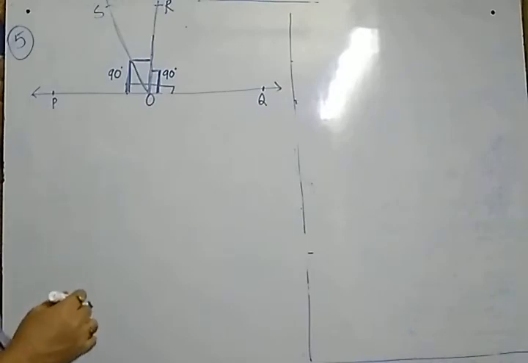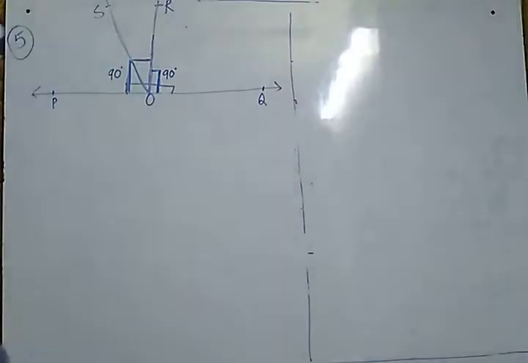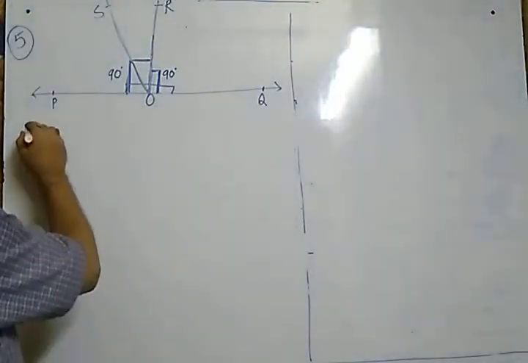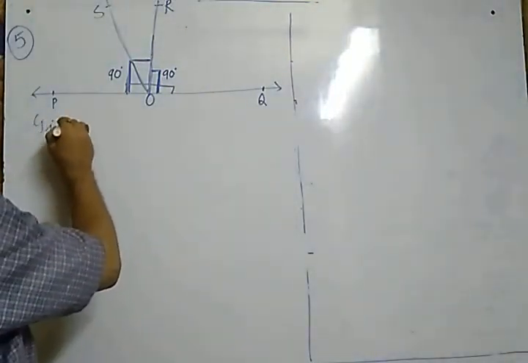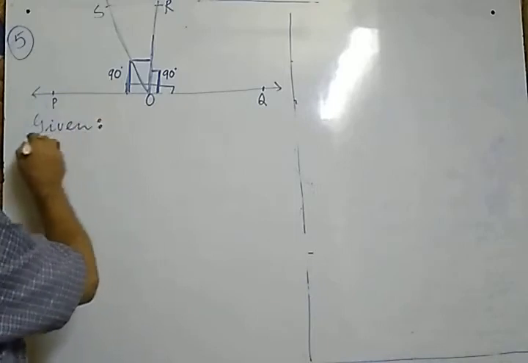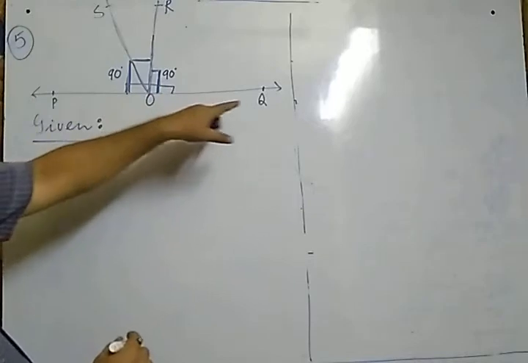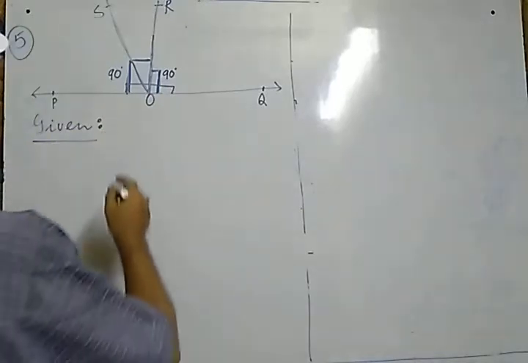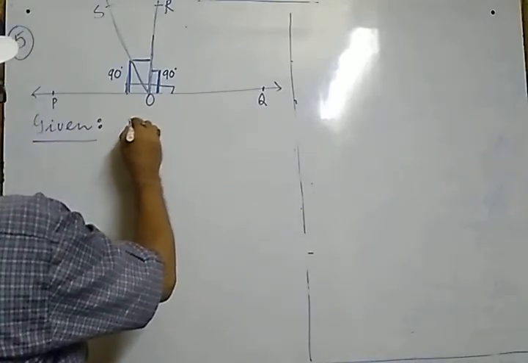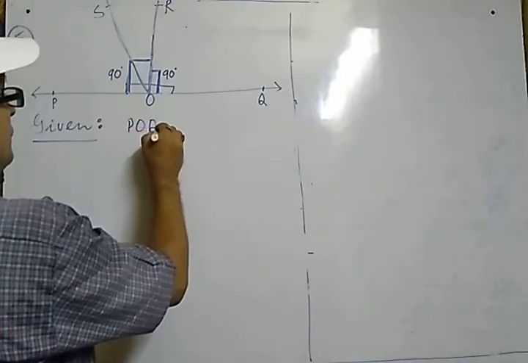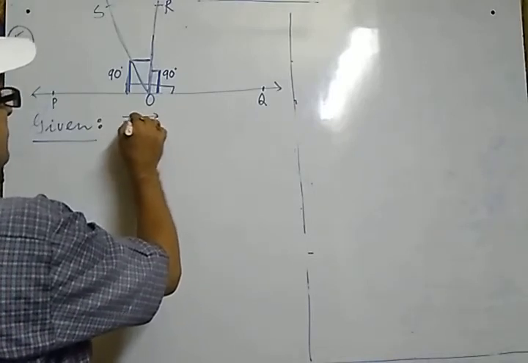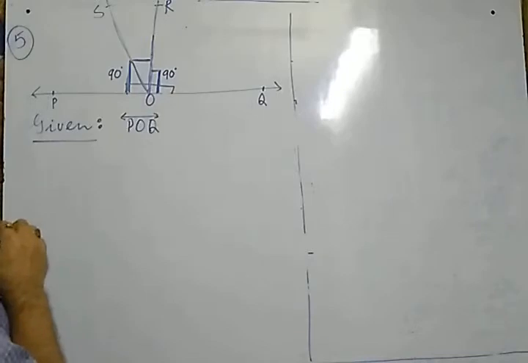How can we prove? Let us see there. So as given condition of the question, what is given? Firstly we have to note down what is given in this question. The given part, firstly it is given that POQ is a straight line. So firstly we have to note down POQ, and this is the symbol of straight line.